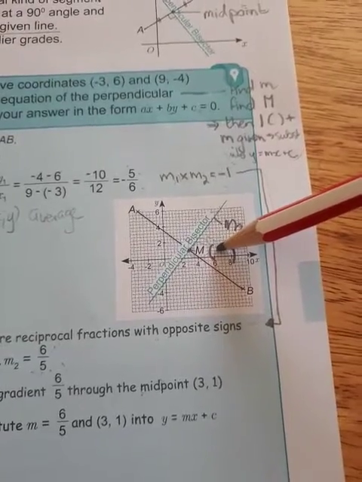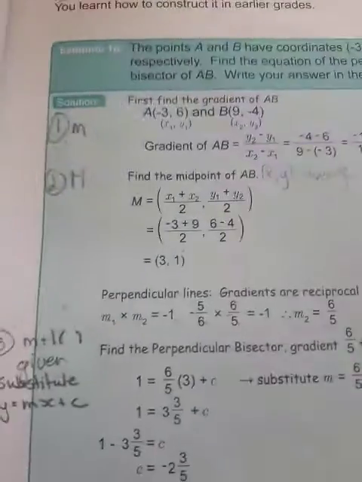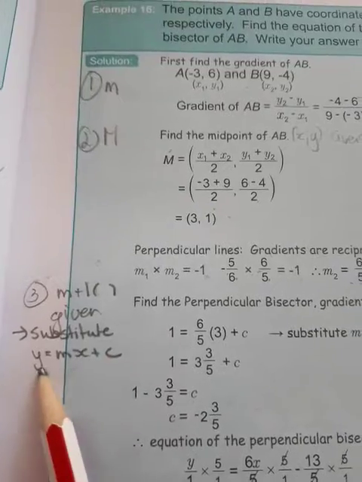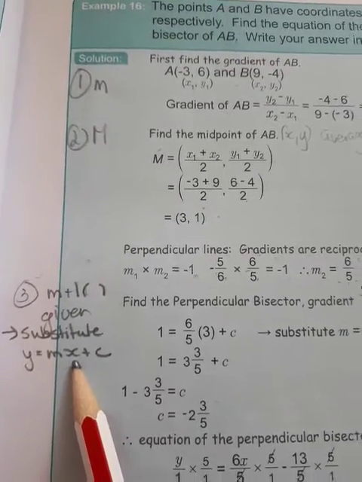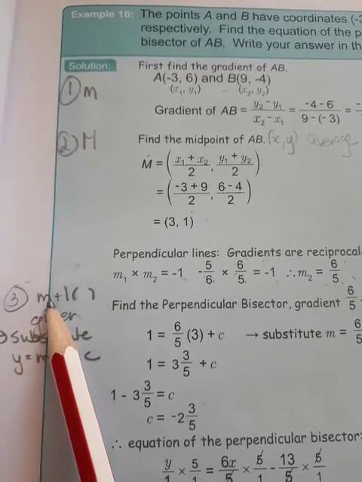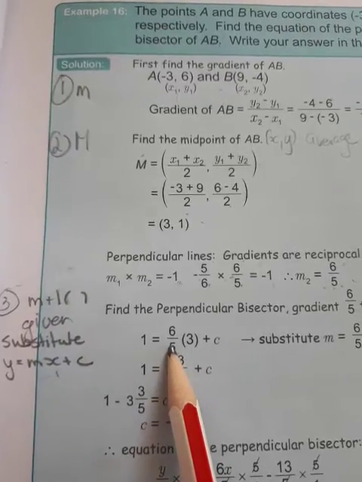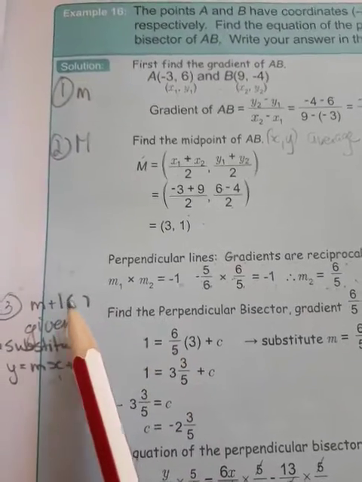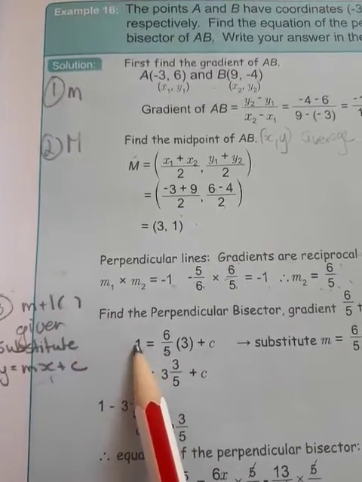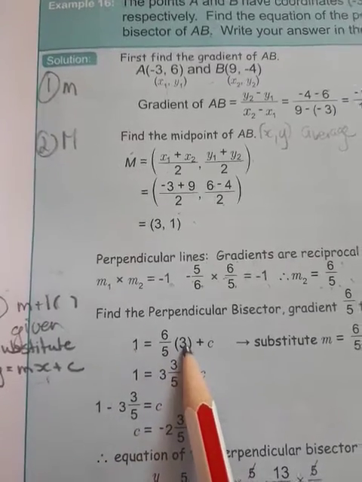That we have done previously, and remember, we start with y equals mx plus c, and we simply substitute the gradient, which is 6/5, and we also substitute the coordinate y and x.